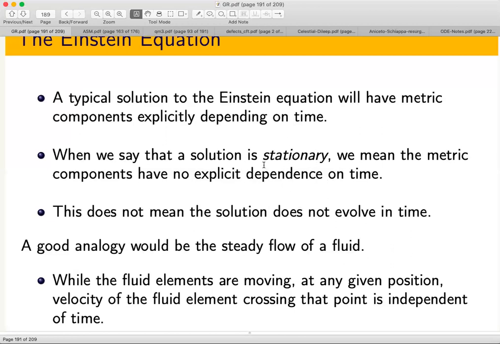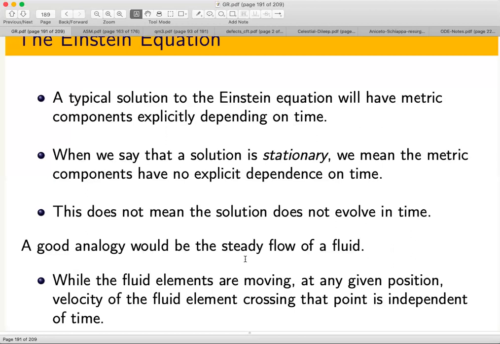Just to give an analogy, as I was mentioning many times the gravitational setup has good hydrodynamic descriptions. So here's the hydrodynamic analogy. Suppose you are looking at steady flow of a fluid.